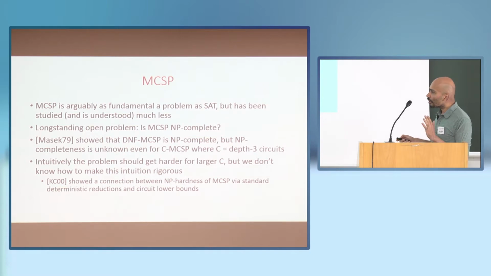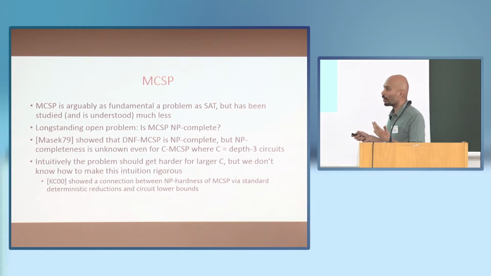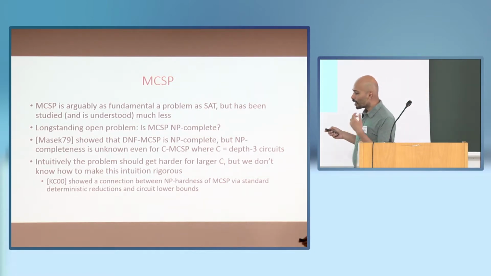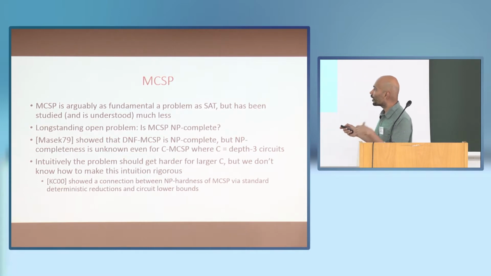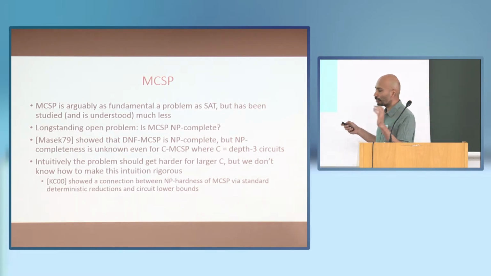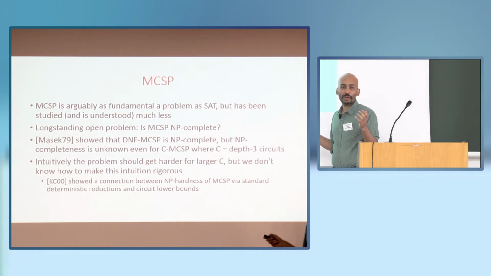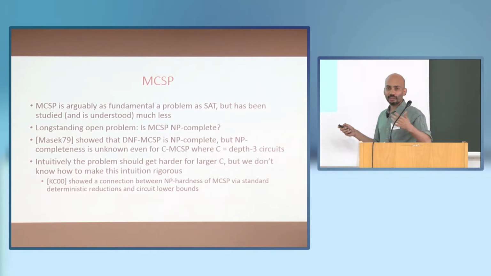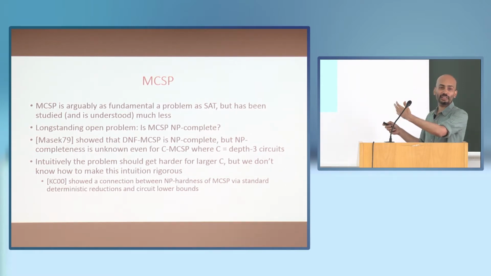There's some understanding of why NP-hardness is difficult to show, and the reason is that it is strongly connected to lower bounds. If you showed the NP-hardness of MCSP via a standard reduction, just a standard reduction from an easy language, a language where yes and no instances are both easy to generate, then if you run the reduction on no instances, you're going to get a no instance of MCSP.